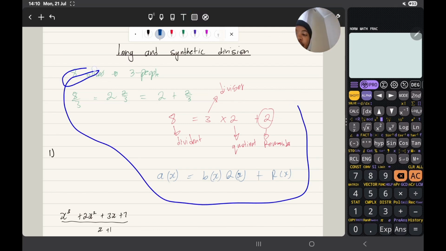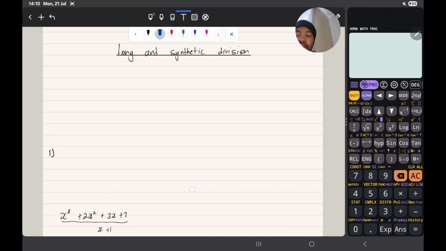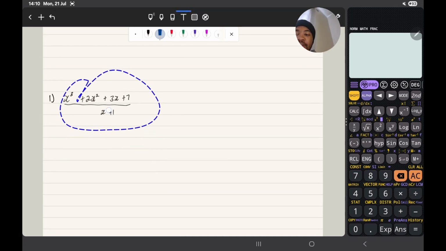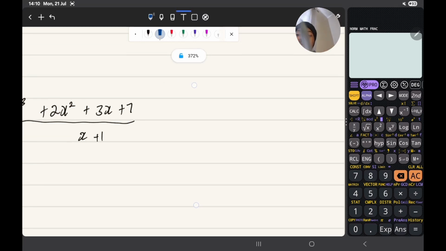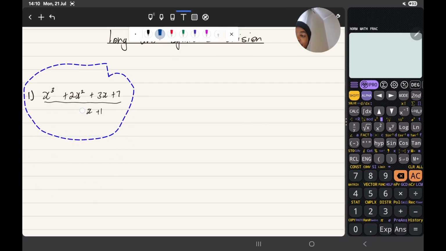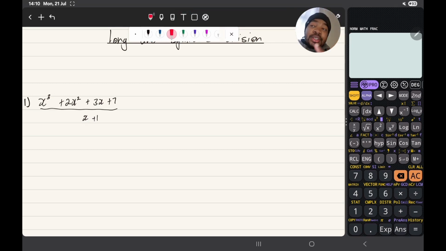So for dividing polynomials, because we were just talking about dividing here, if you want to divide a polynomial by another polynomial, b of x, there are 2 methods of division that we're going to use in this video.